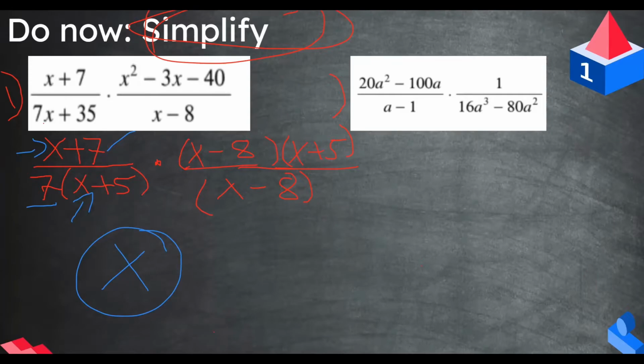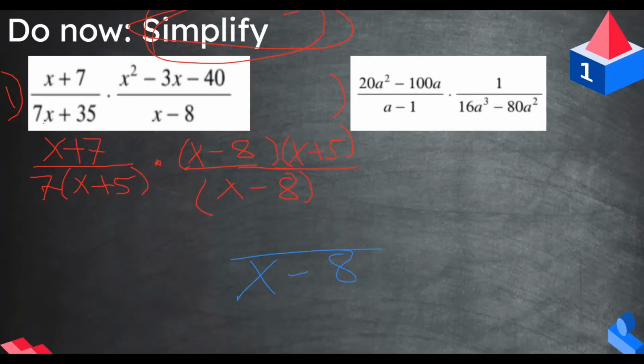What about -8? Okay, here's the thing. If I have something like this, and something like this, I cannot cancel out the X and I cannot cancel out the 8. That is not right. You know why?